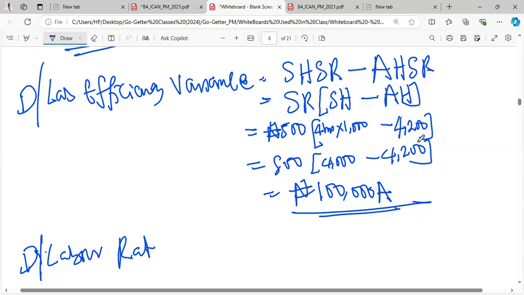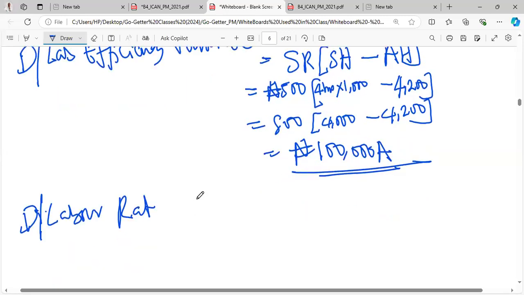But they now spent 4,200 hours doing the job. So it means that they spent more hours doing a job than they were supposed to. So this is like the time wastage. This is what it costs the company for that time wastage, not idle. So this is rate variance.